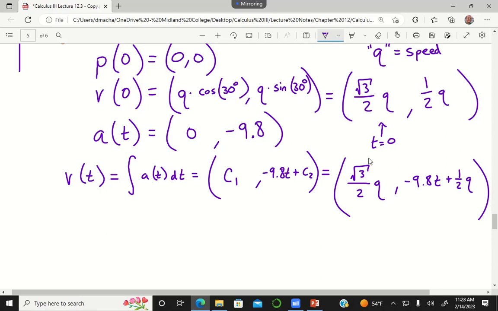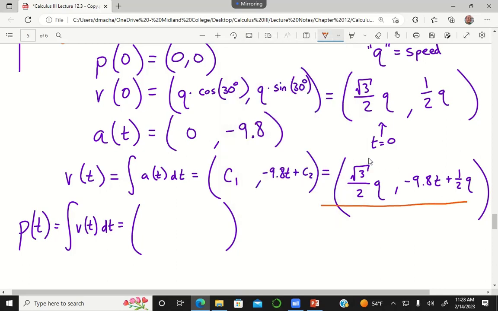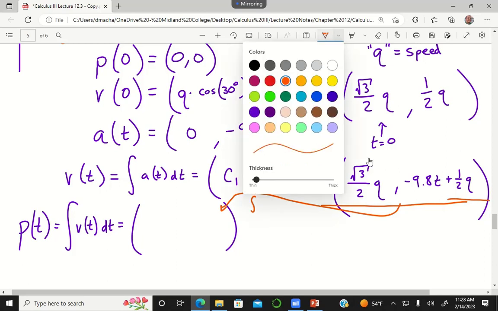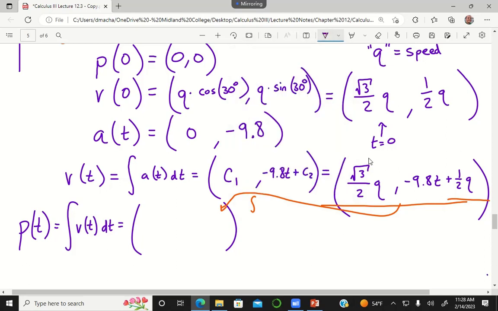All right. Now, what about position? So my position function is going to be the antiderivative of my velocity function with respect to time. And so that is going to be the antiderivative of this. The antiderivative of root 3 over 2 q is going to be root 3 over 2 qt plus a constant.